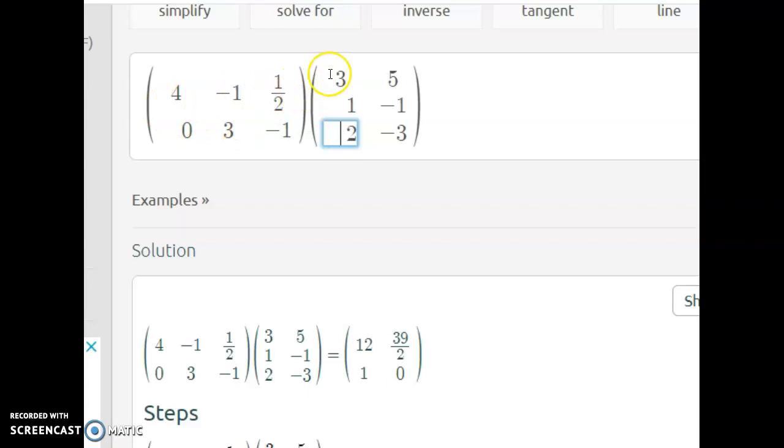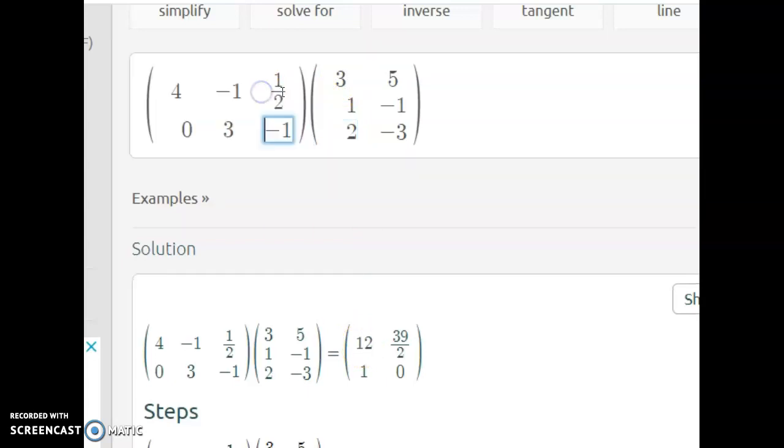So it's the first row times the first column, and when you do that, you come up with 12, which is the first row and column in the solution. Then you do the first row times the second column: 4 times 5, -1 times -1, 1/2 times -3. And when you do that, you come up with 39/2, which is the first row, second column. So there it is, and so on.